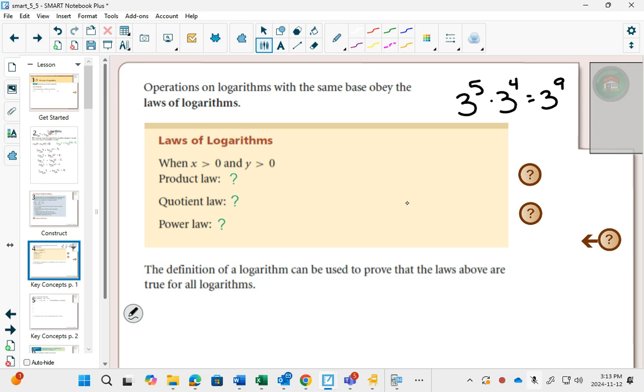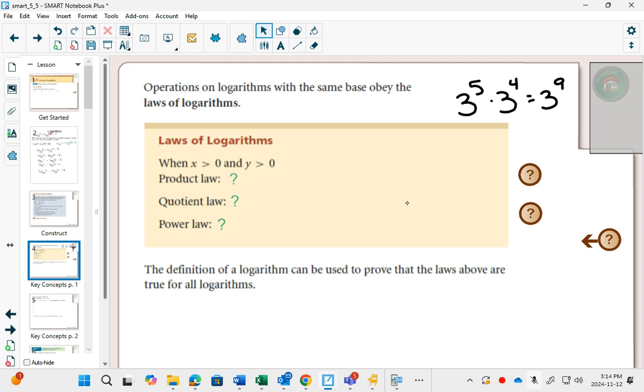Sometimes if you step into a grade 9 class, teachers and students shorten the words. They would just say, oh yeah, remember the rule? When you multiply, you add. Which is not true in math. When you multiply powers with the same base, you add the exponents.